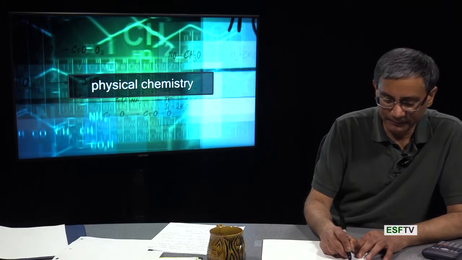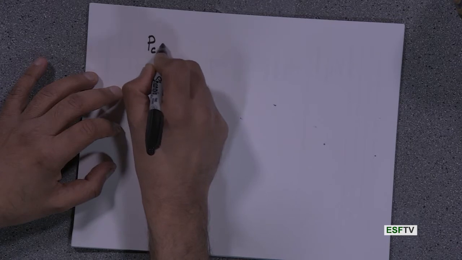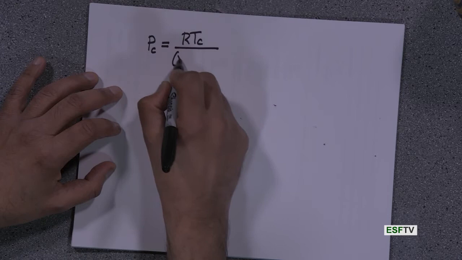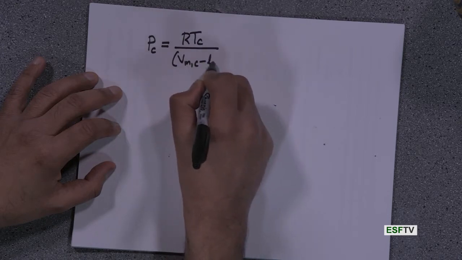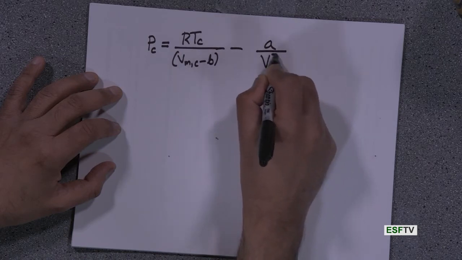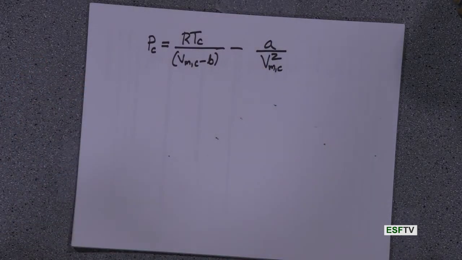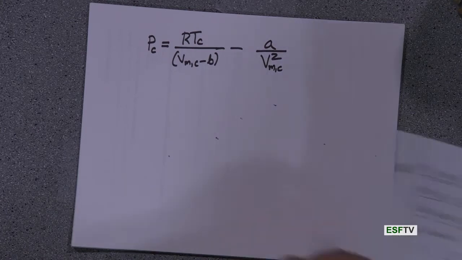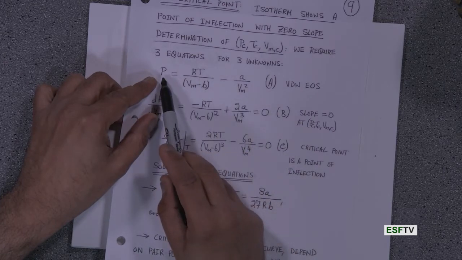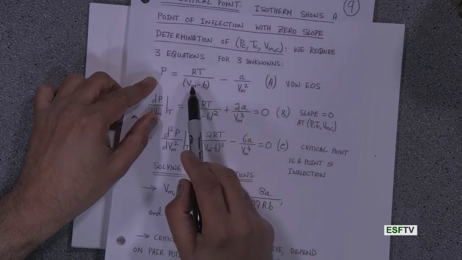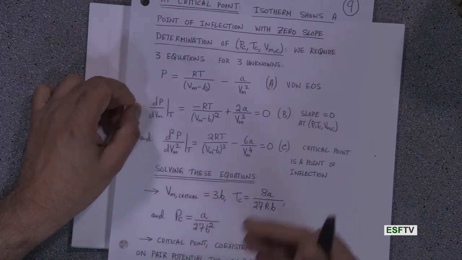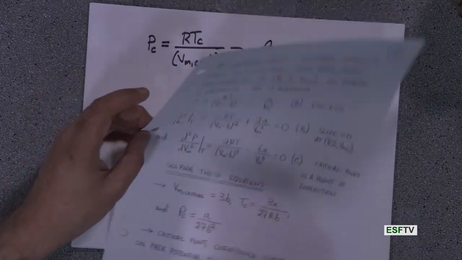The first is very simple. We know that the critical pressure and critical temperature and critical molar volume have to satisfy our equation of state. So we have this van der Waals equation of state here, where I've taken the van der Waals equation of state and simply substituted P critical, T critical, V molar critical as relevant, because this is the equation of state we are working with.